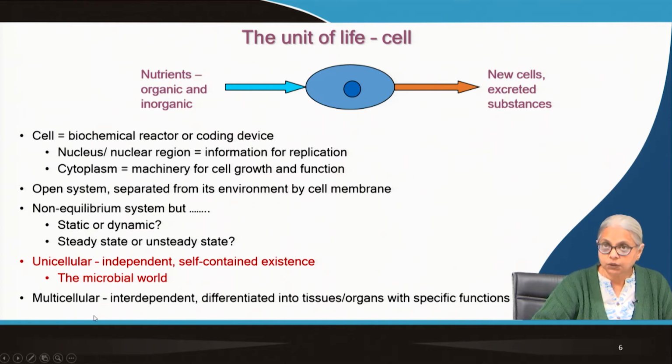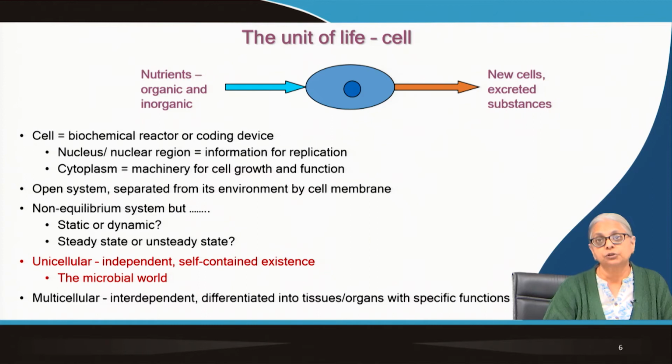There are multicellular higher organisms which have cells that are interdependent. They are differentiated into tissues, organs which have specific functions. If you remove a cell from your skin or from any other part of your body and give it all the nutrients that it needs, it's still not going to reproduce because it is dependent on other cells for all its functions.